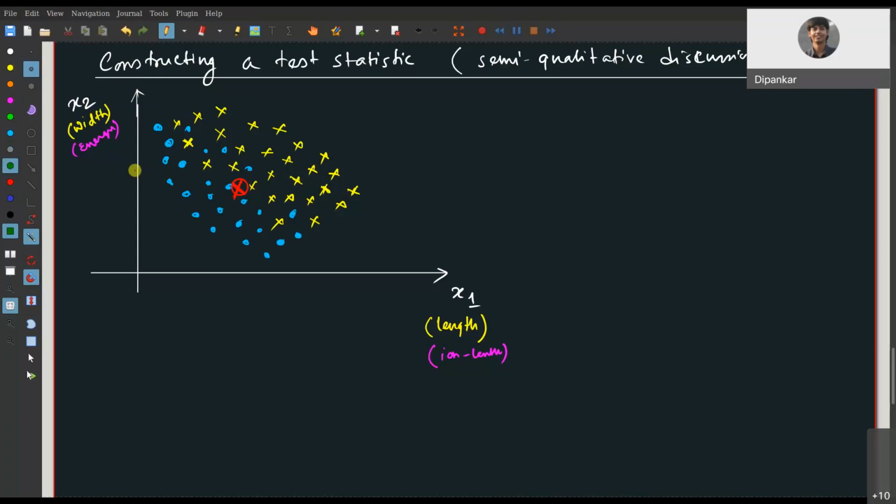Suppose you put a cart, you call it x1 cart, and this you call your x2 cart. If my data is below both these carts, I accept that these are my Rohu fish, the blue points are more likely. And if it is beyond this, then these are my Hilsa fish.